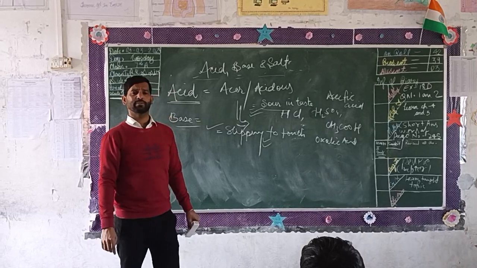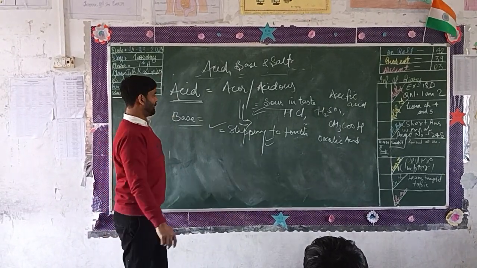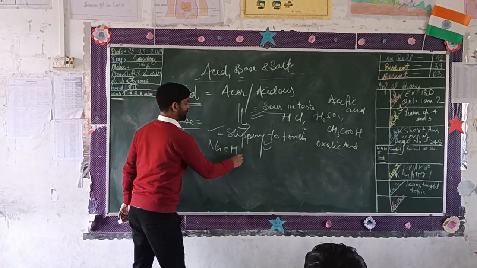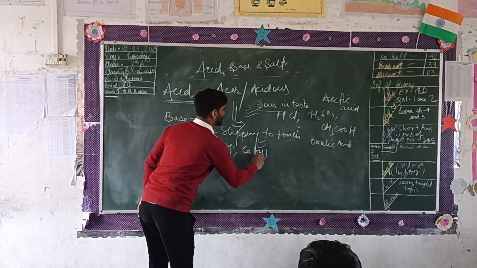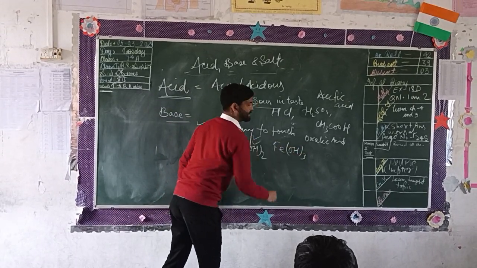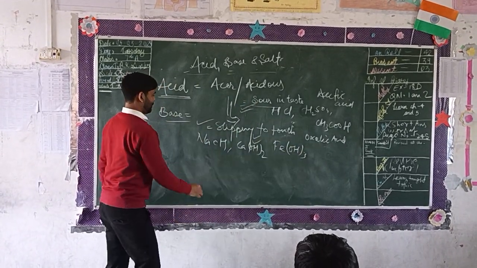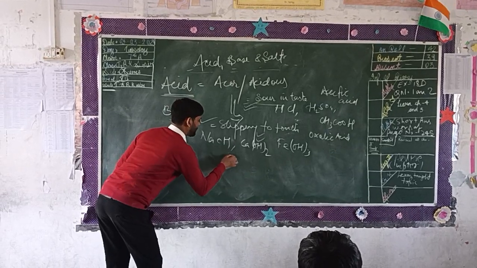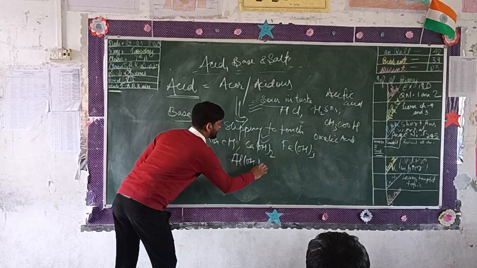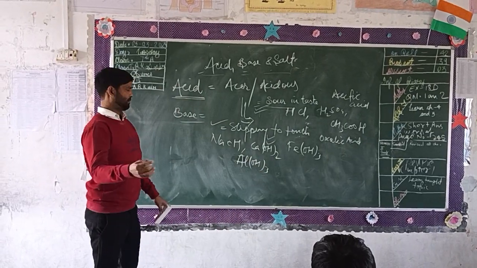There are a number of acids, and there are bases: NaOH, Ca(OH)2, Fe(OH)3, and Al(OH)3. These are all bases.